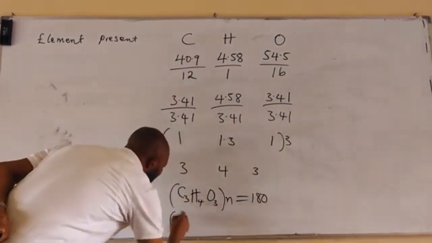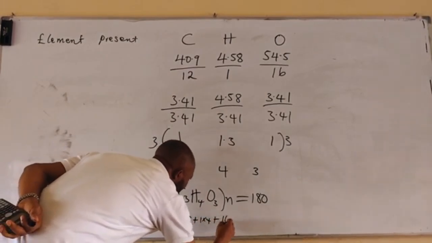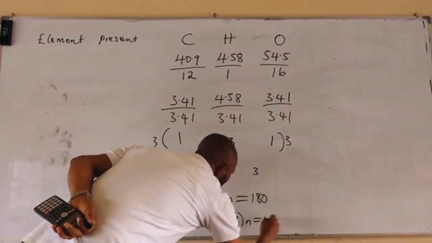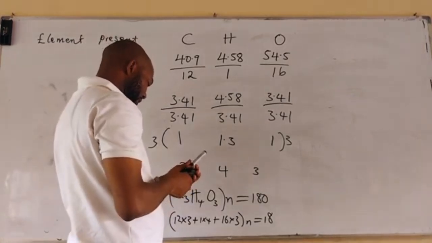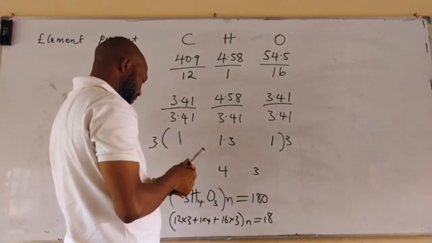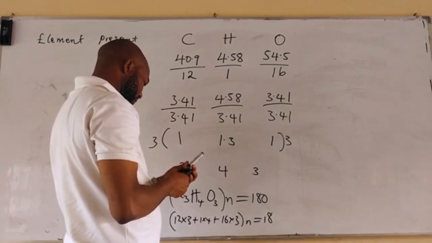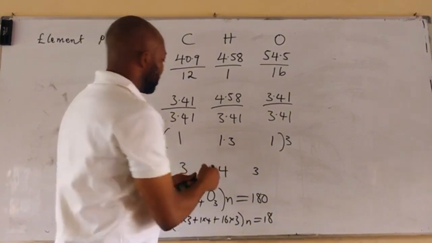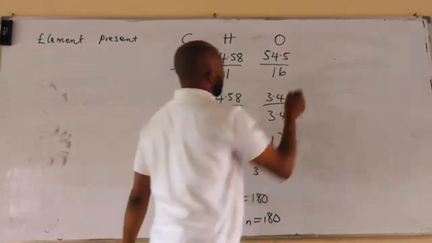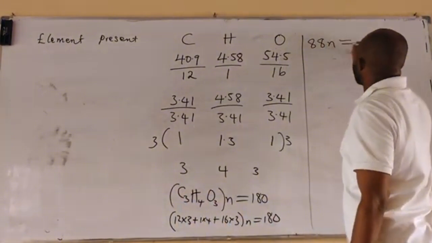Carbon is 12 times 3, plus hydrogen 1 times 4, plus oxygen 16 times 3. 12 times 3 is 36, 16 times 3 is 48, plus 36 plus 4 equals 88. So 88N is equal to 180.